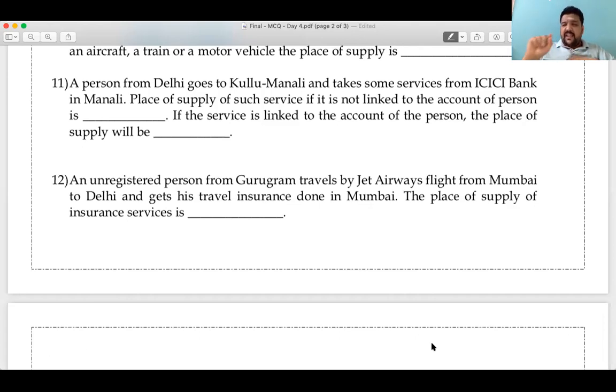If the service is linked to the account of the person, the place of supply will be dash. A nice MCQ. MCQs like this set certain standards for our learning itself. What is going to be the place of supply?